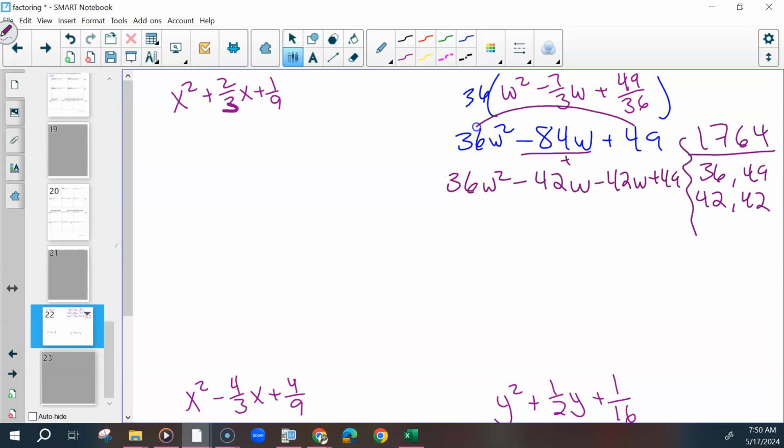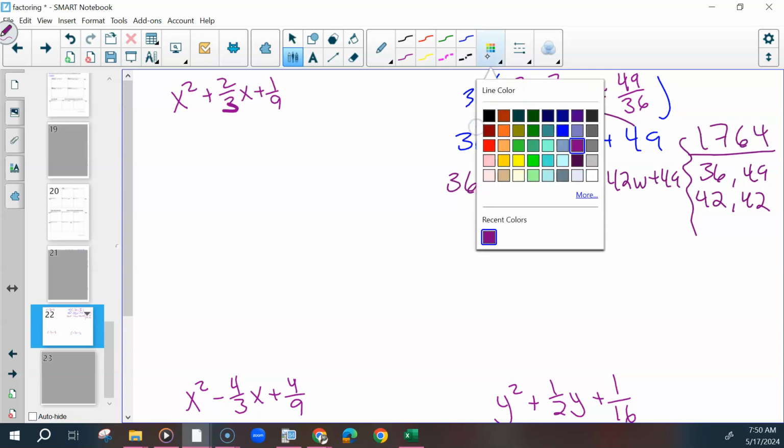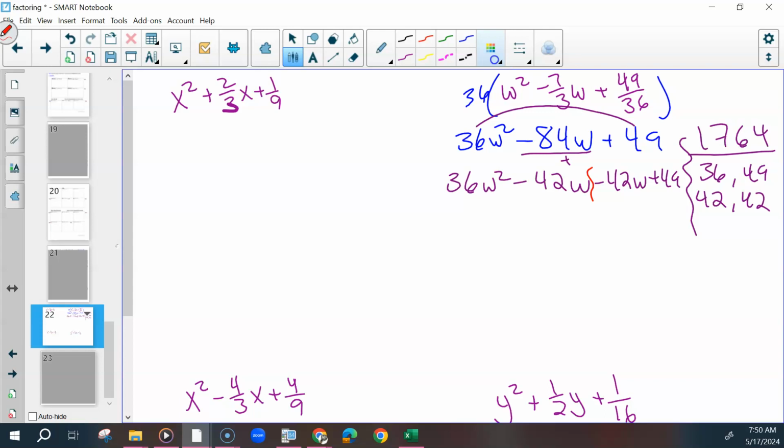So I would make this 4 terms by splitting the middle, rewriting that middle term into the two numbers I found. Then it's just factoring by grouping. Split the middle, find the GCF of the first two. What would that be? 6. Leaving 6, -7. And then what would the GCF of the last two be?